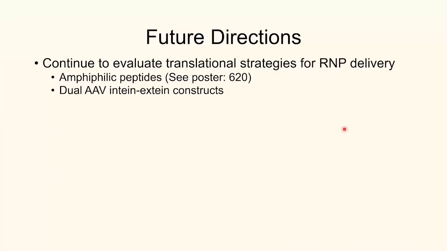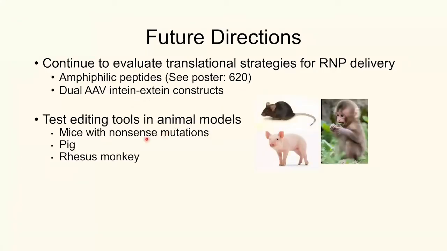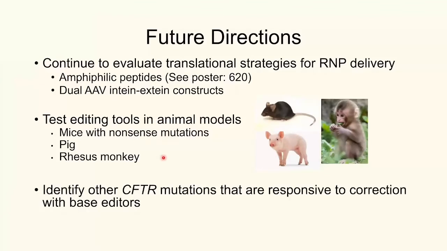As for future directions, we hope to evaluate strategies for delivering RNP into the cells in a more translational manner. And we hope to do so using amphiphilic peptides or dual AAV intein-split constructs. We also hope to assess the editing tools in animal models such as mice, pigs, and non-human primates. And lastly, we plan on identifying other CFTR mutations that we can possibly correct with the base editors.